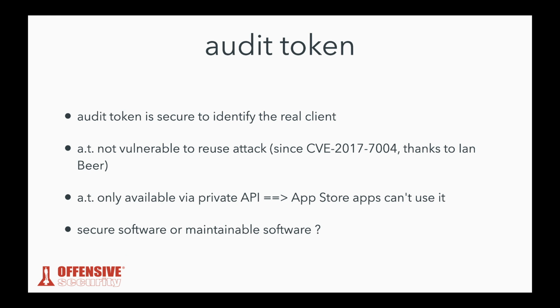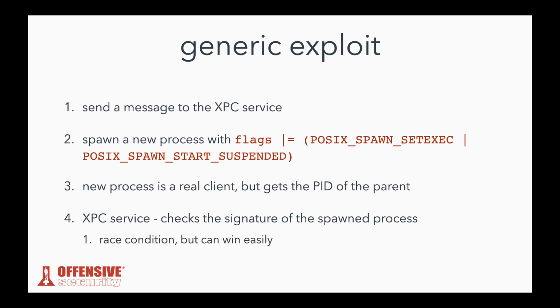Audit token is secure to identify the client, and it's not vulnerable to reuse attacks. Well, since 2017, when Jan Beer found out that it's not better than a process ID, you can read up the details on Google's websites. It's really nice. Again, private API, it's a problem.